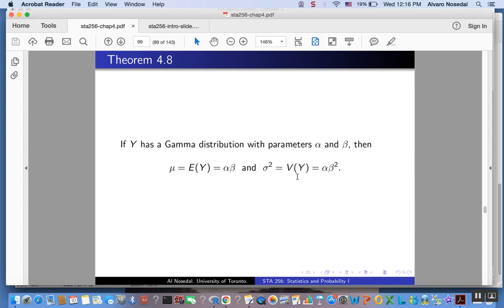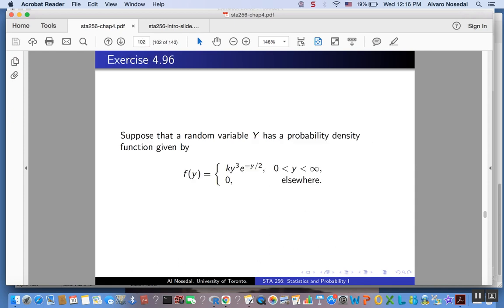So let's summarize what we did together. And let me go back to the problem that we solved. So what we did here in this video was we talked about another important particular case of gamma distributions. We talked about chi-square distributions.